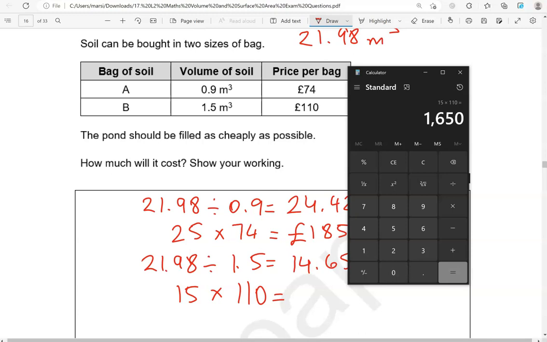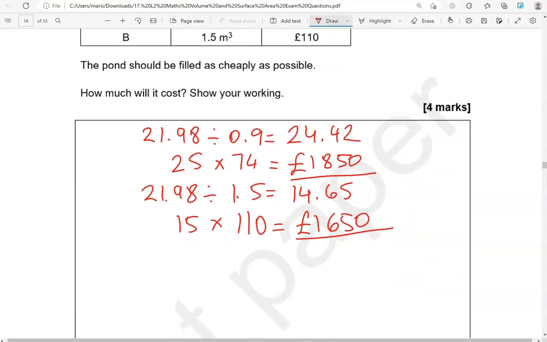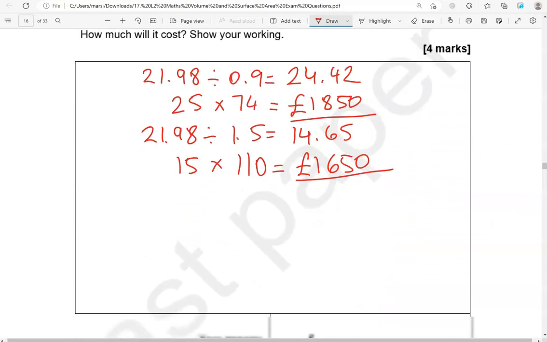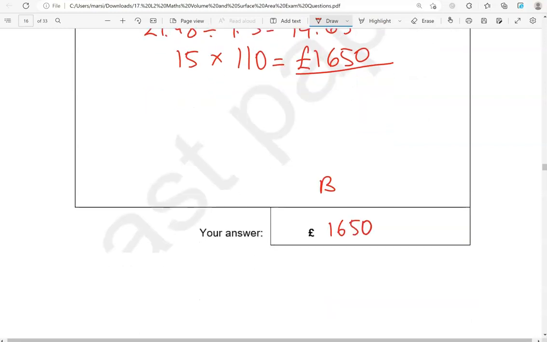This is 1,650. The cheaper between the two is B. So I'm going to say B and 1,650 pounds.